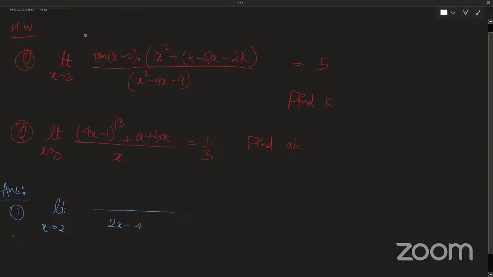Can you tell me how to differentiate the product of two functions?